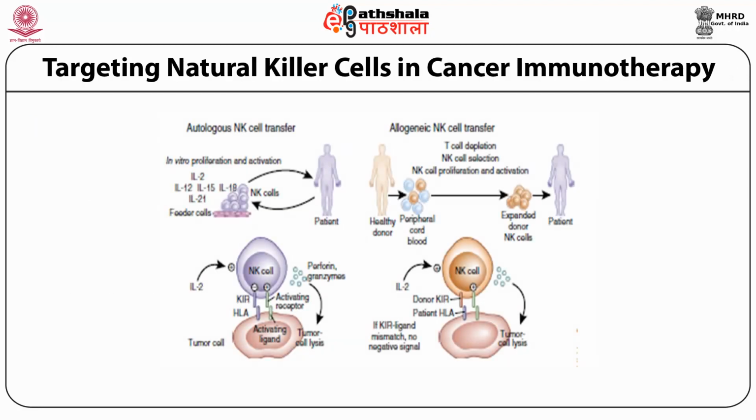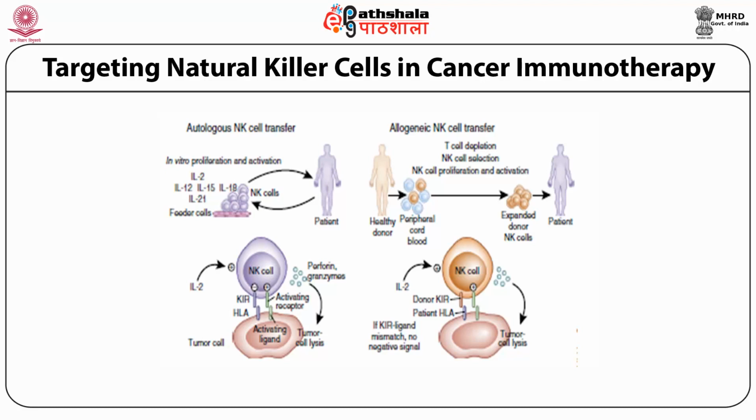Other than the T cells, there are cellular therapies which target the natural killer cells. Natural killer cells are the second player in cancer biology, which we can utilize to reduce the tumor mass. Now there are different kinds of natural killer cell therapies. Autologous or allogeneic natural killer cells are usually obtained from the patient or the donor blood.